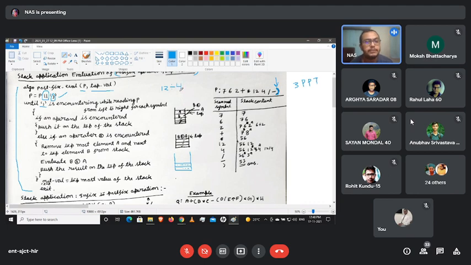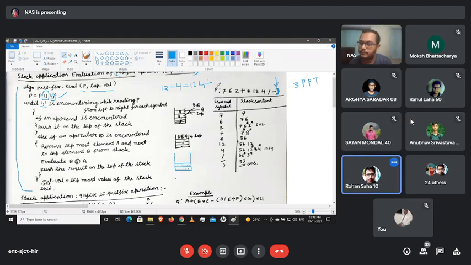Right now this is in infix. If we convert it to postfix, it will be 12 4 divide. Any doubts here?